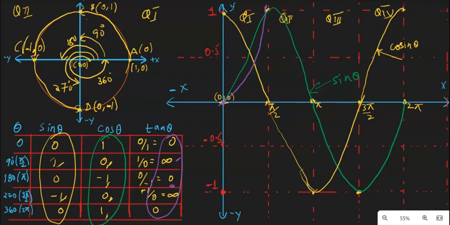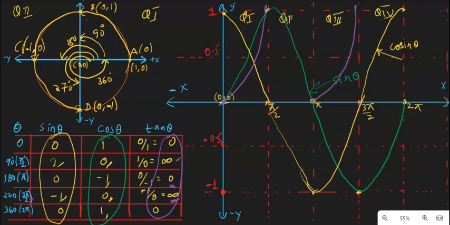At 180 degrees, the value of tangent is 0, right here. At 270 degrees, the value of tangent is infinity, right here. So the curve goes like that.